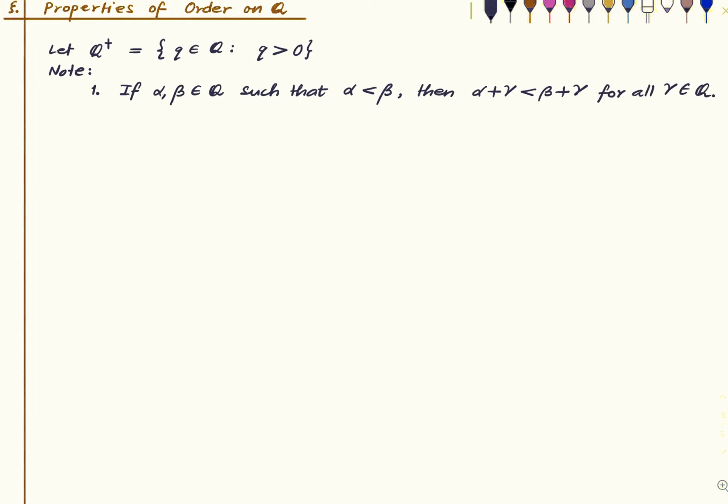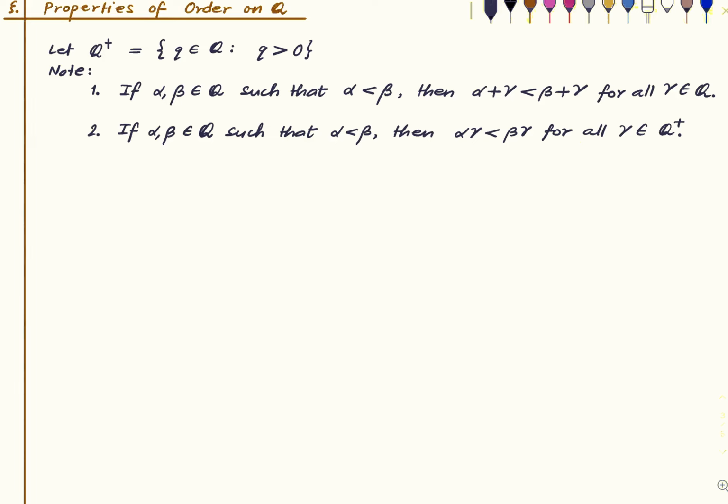And second property is that if alpha and beta are rationals such that alpha is less than beta, then alpha gamma is less than beta gamma for all gamma in Q plus. So when you want to preserve an inequality under multiplication, you need to multiply with only positive things.